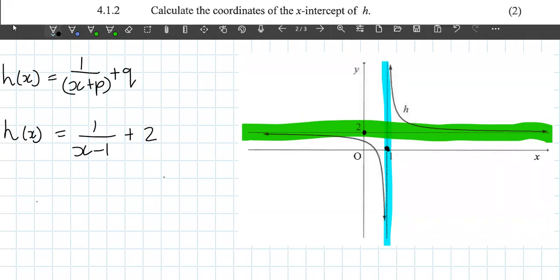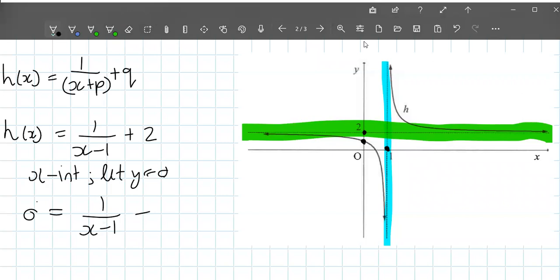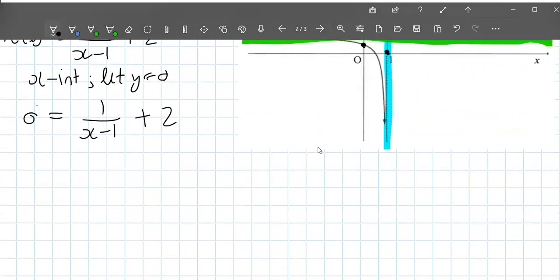Number 4.1.2, calculate the coordinates of the x-intercept of h. So the x-intercept of h is over here. Just like anything, in order to find the x-intercept, you let y equal to 0. So here I just subbed in the p and q values. We have 0 equal to 1 over x minus 1 plus 2.